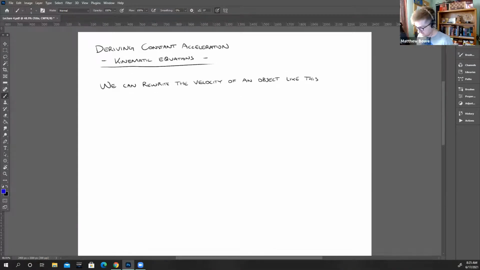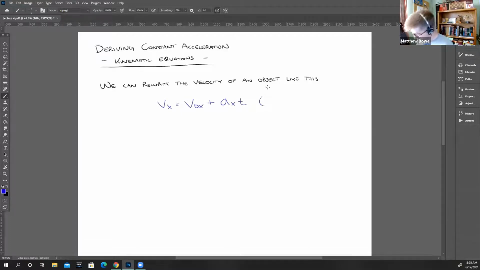Instead of what I had, v sub x is equal to v naught sub x plus the average acceleration times time, now I can put the instantaneous acceleration, so a sub x times time, like that.